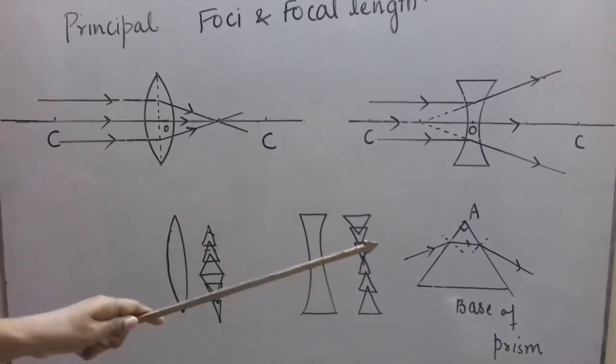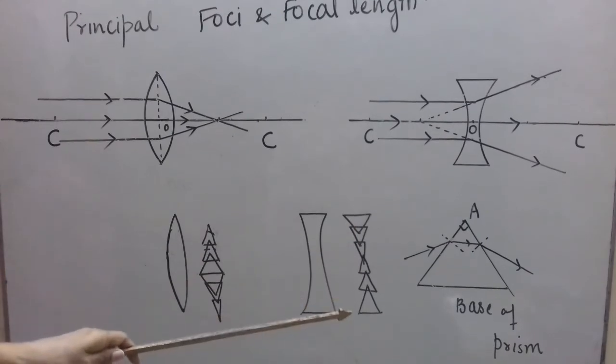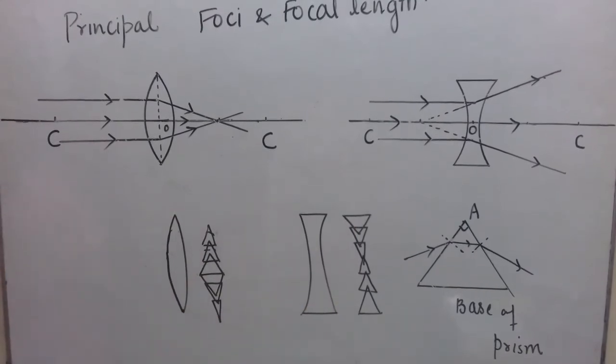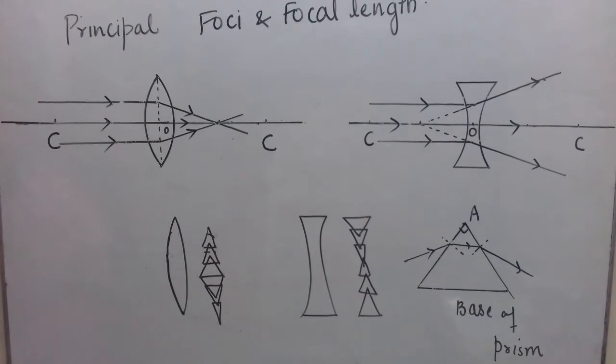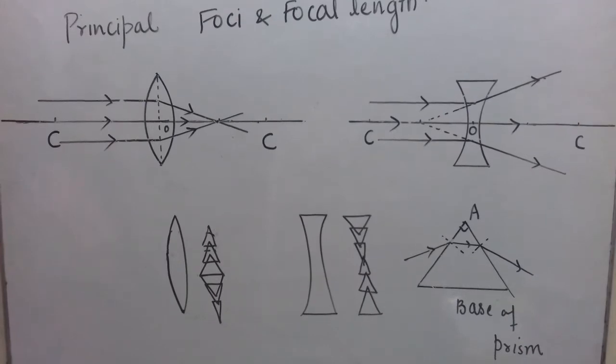In the second refraction also the ray bends downwards towards the base of the prism. So we can say that whenever a ray of light passes through the prism, it refracts twice and always it bends towards the base of the prism.